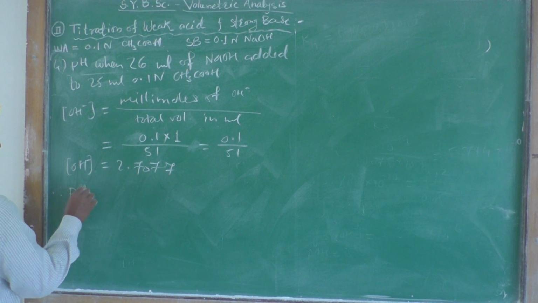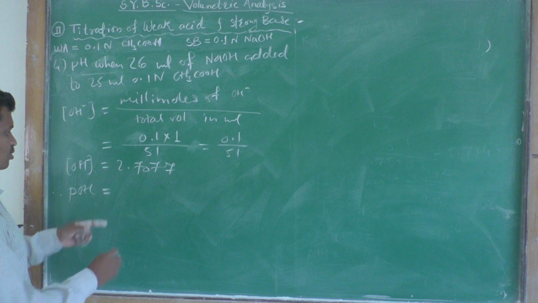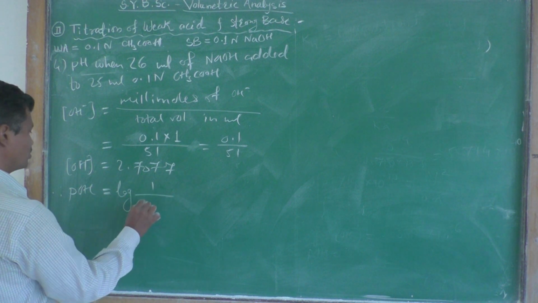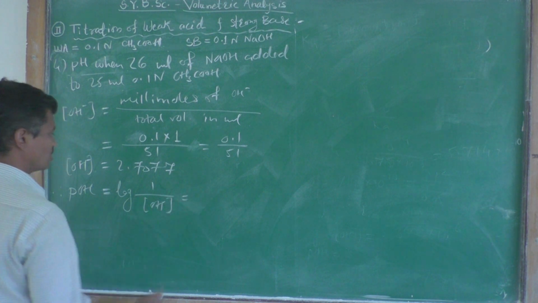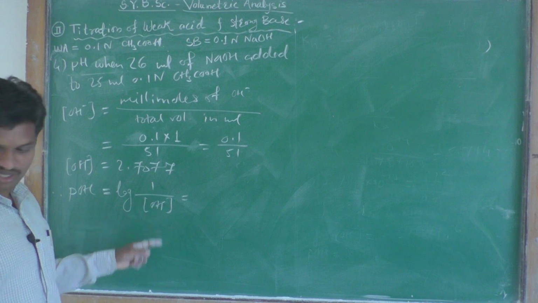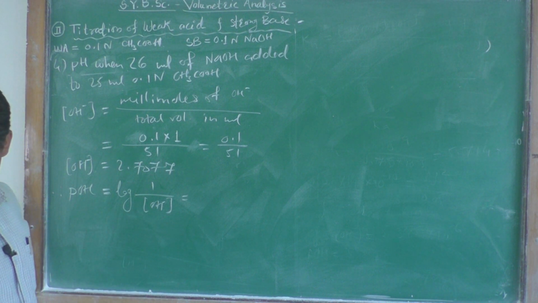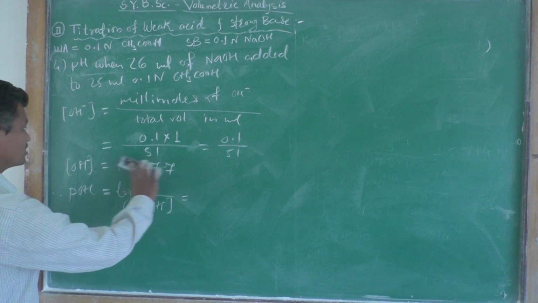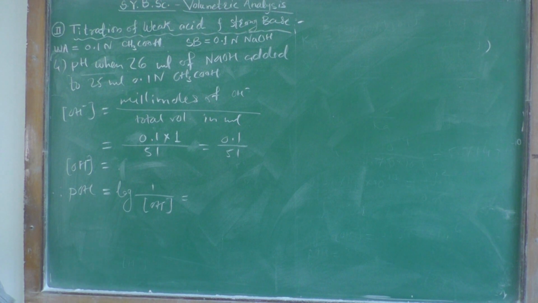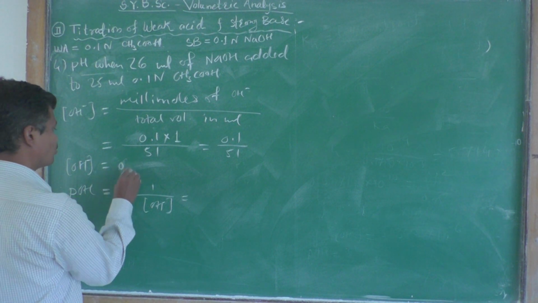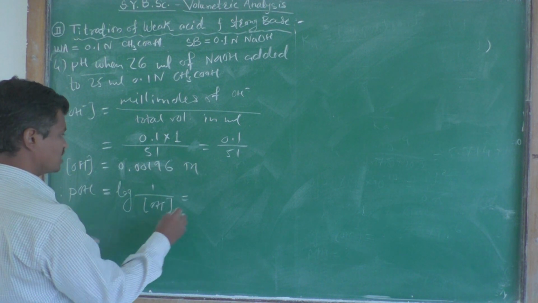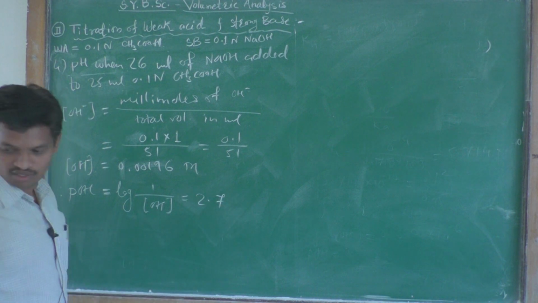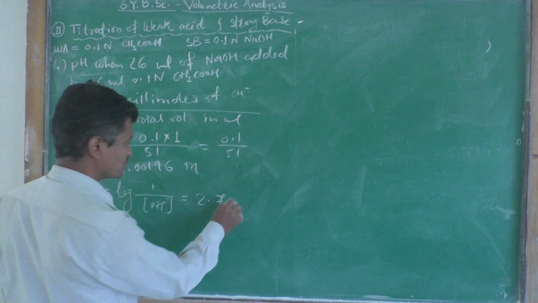Therefore pOH is equal to log to the base 10 of 1 upon the OH minus ion concentration. When you put the value into this equation, pOH becomes 2.7077.